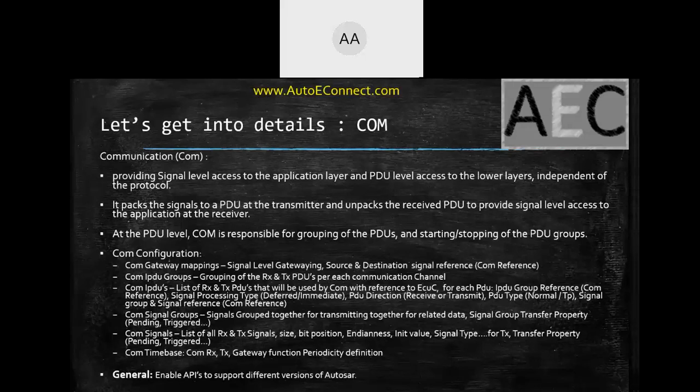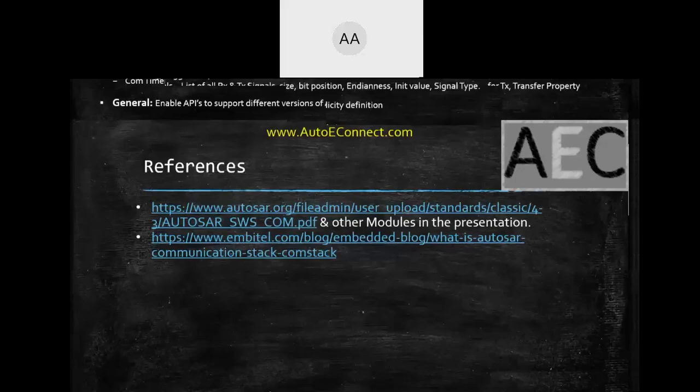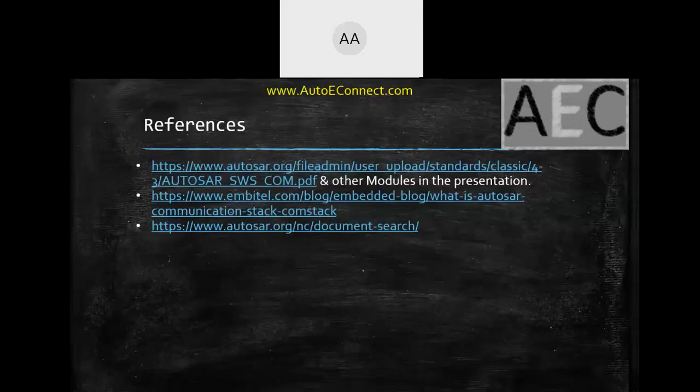That is the COM general configuration. So the main critical thing you have to be careful about is the timings, at what rate you are processing your COM RX and TX functions in your respective application or ECU. So be very vigilant about that.